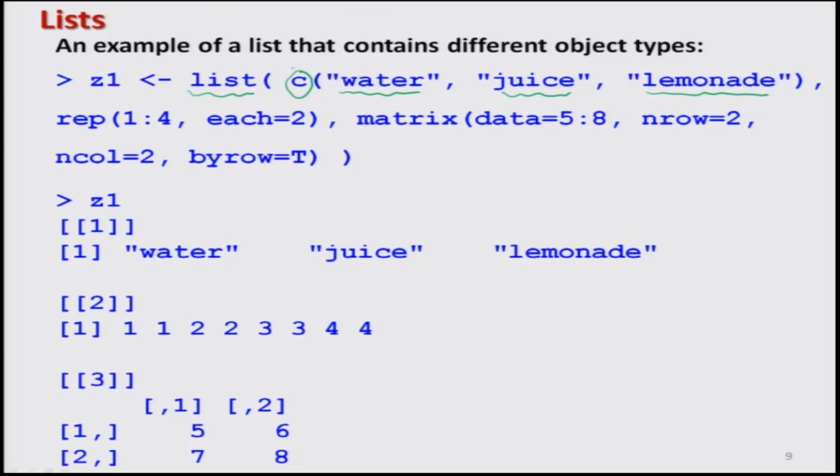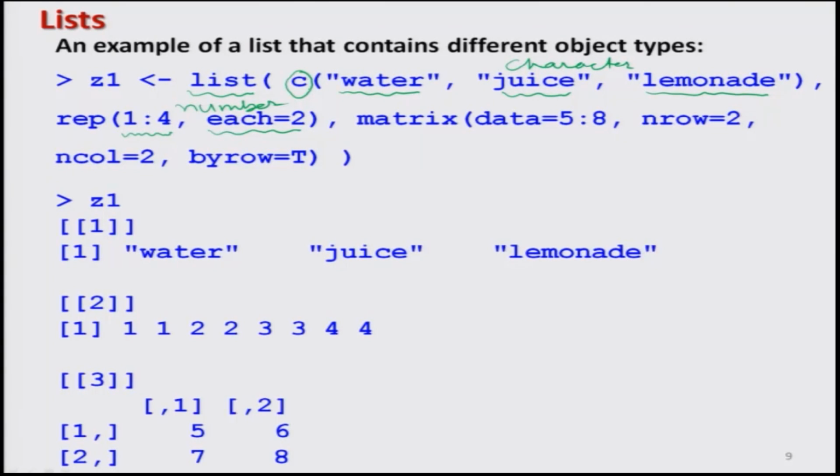Now, I create another element from the data set 1 to 4. That means this is data set 1, 2, 3, 4 and each of the data is repeated 2 times. So, this is going to be a number. Here this is character and here this is number.